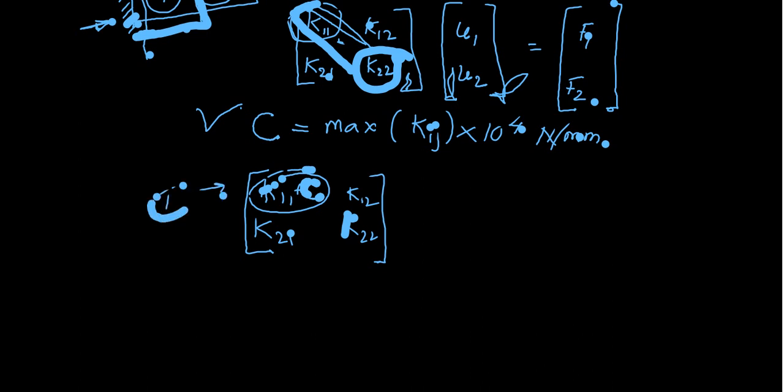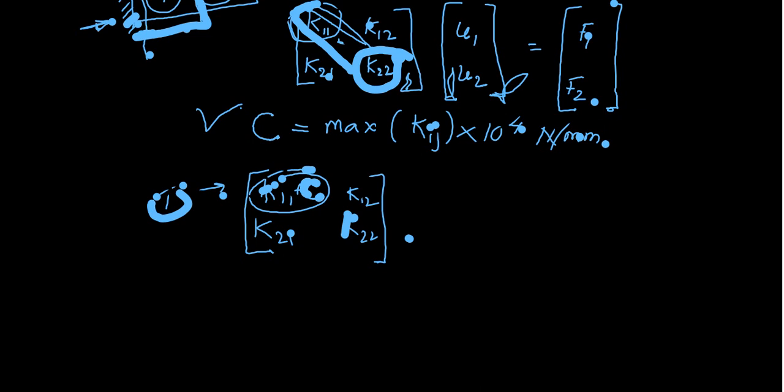If both ends are fixed, then you also add C to K22 at node 2. This will be the modified element stiffness matrix.